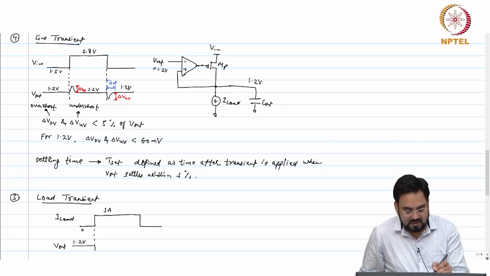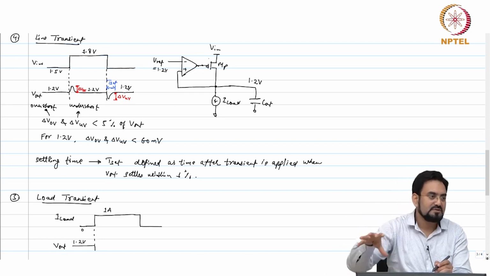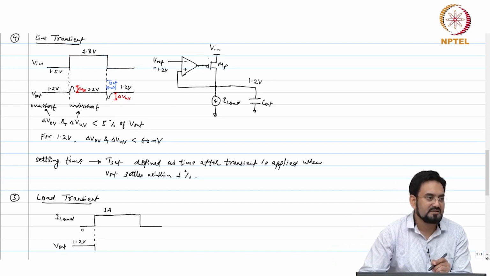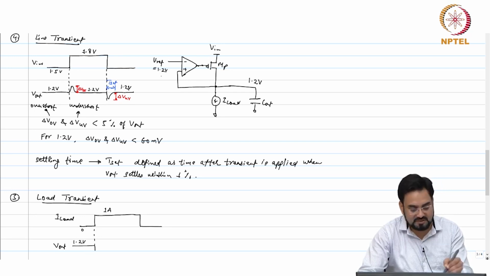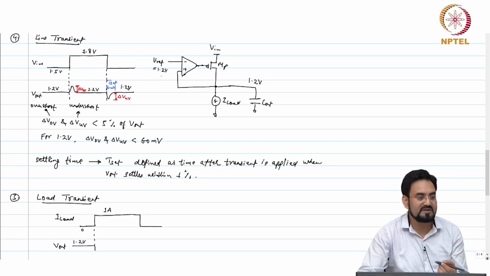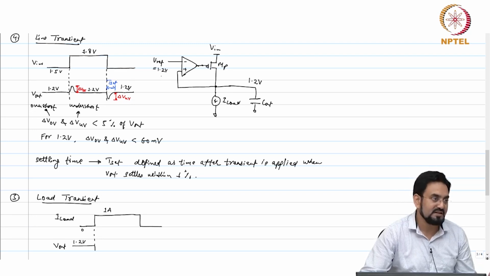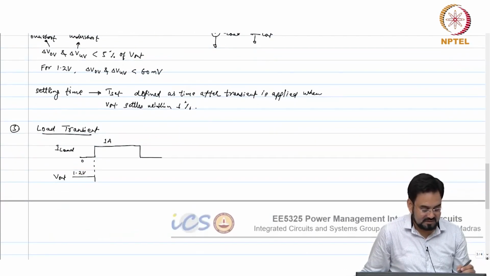So, all of a sudden when you apply the load current, this MOSFET MP has to basically increase the current in order to hold the output voltage, but due to limited bandwidth, again the same problem will happen, that current cannot change suddenly.